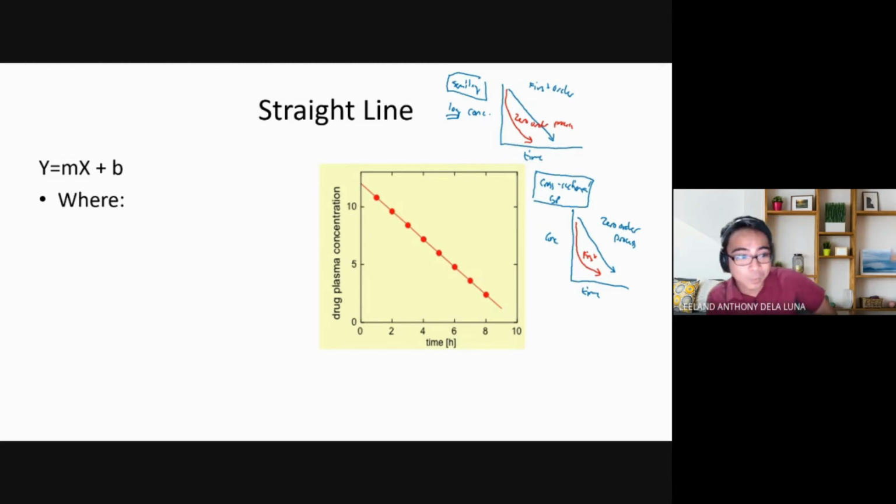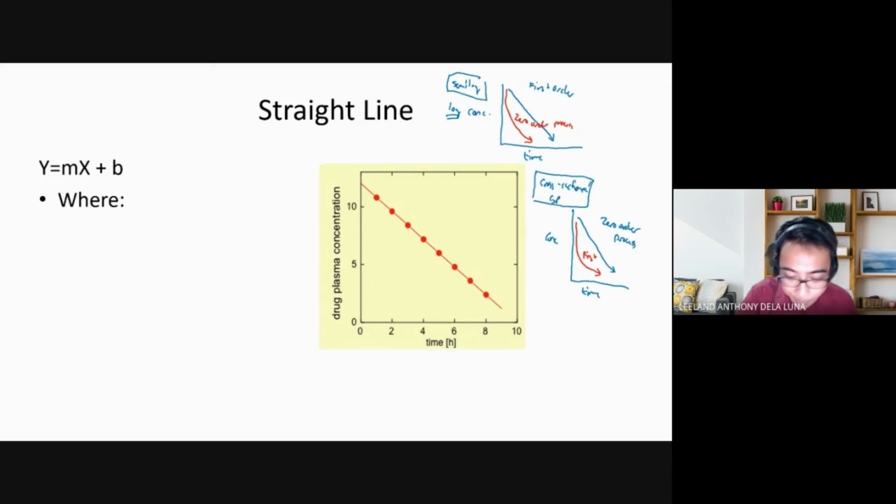So, basically, class, what are we creating here? Sa physical pharmacy ninyo, we're just plotting, right? We're creating lines in your graphing paper. So, if we can still remember, class, those lines, we can actually do some computations with that. So, if we still remember our geometry, we do have a formula for a straight line, which is y equals mx plus b.